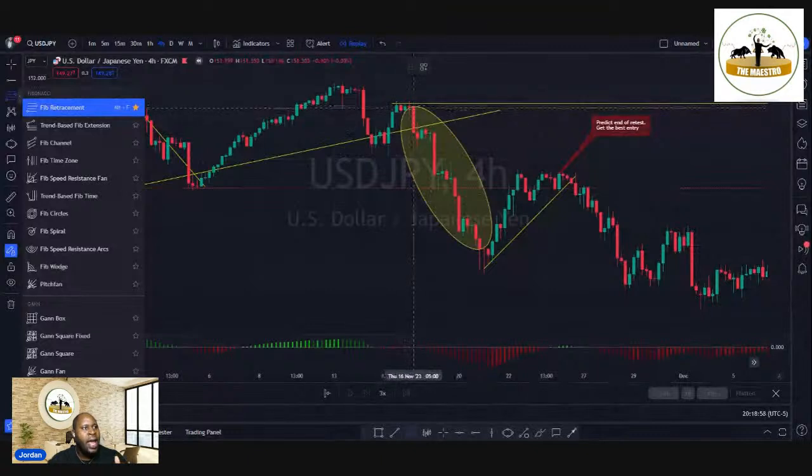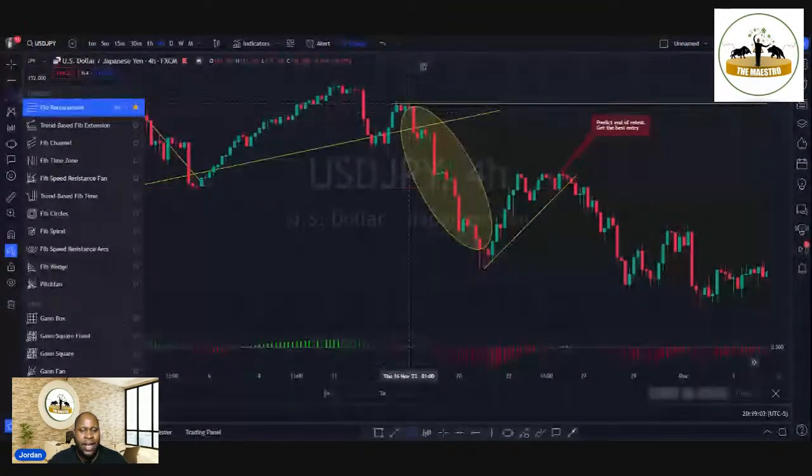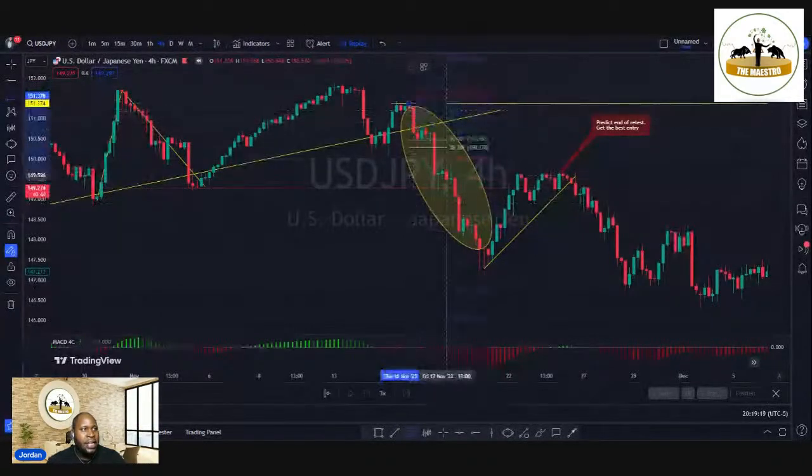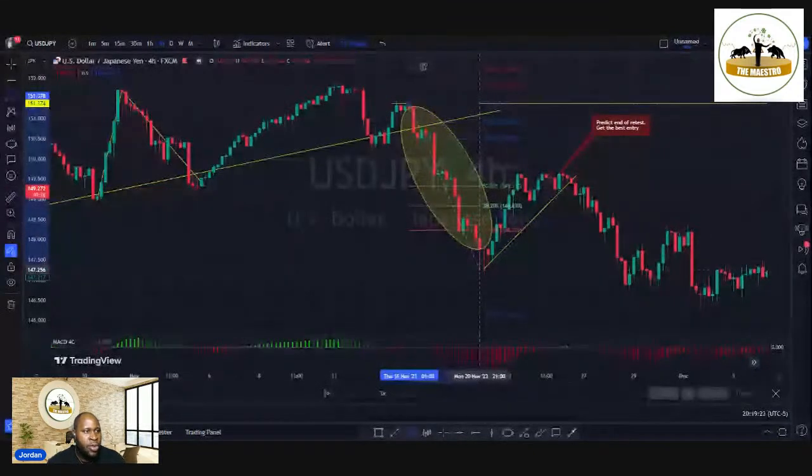The high of the impulsive part of the move is up here, right at the very top. Then we're going to measure from swing high to swing low, meaning from the highest point of that move all the way to the lowest point of that move. As I click on it here, it's already stuck on the highest point, and then I bring it all the way down here, and it's now at the lowest point of that move. I hope that makes sense.